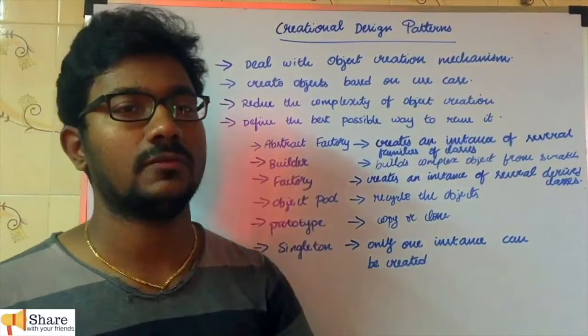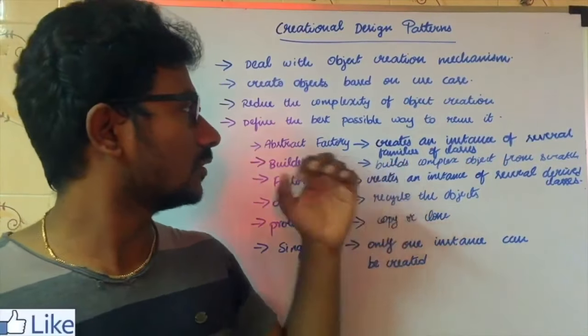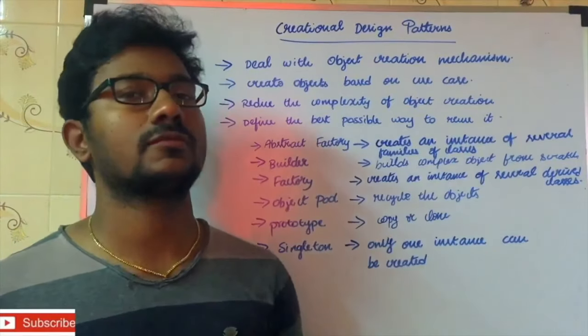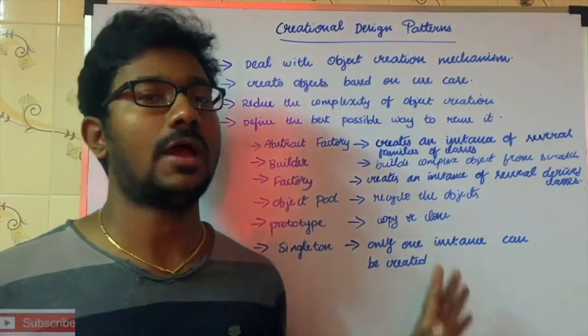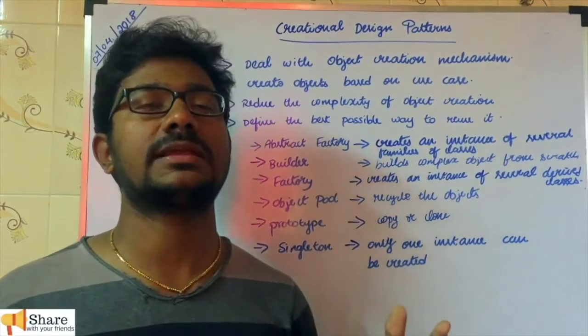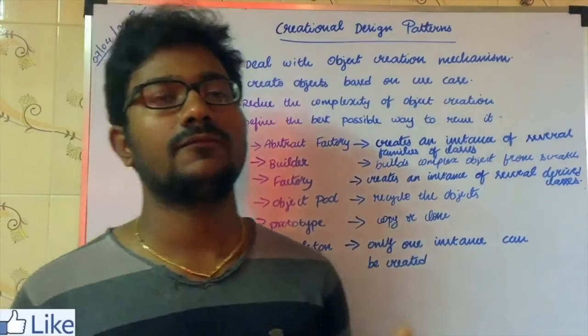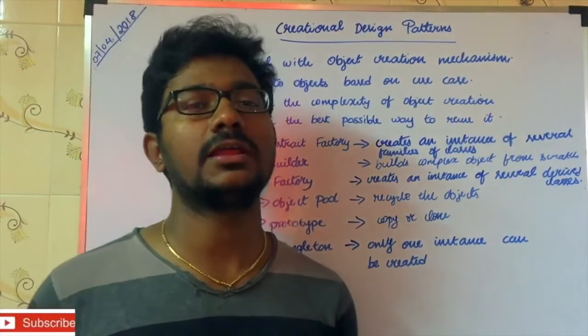For example, abstract factory. We should use the abstract factory design pattern only if it falls under this category. Suppose there are n number of families. For example, animal family. Under animal family there are many classes like dog, cat, and so on, and we have another family called insect family.